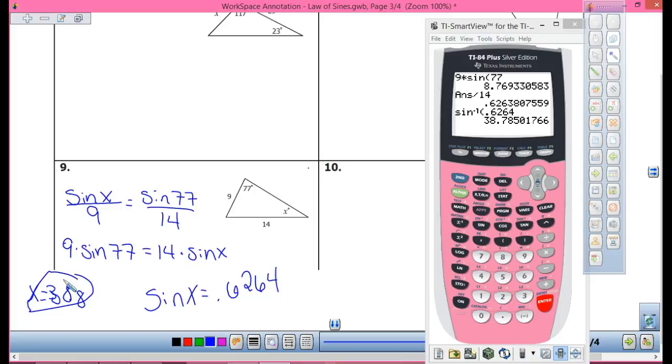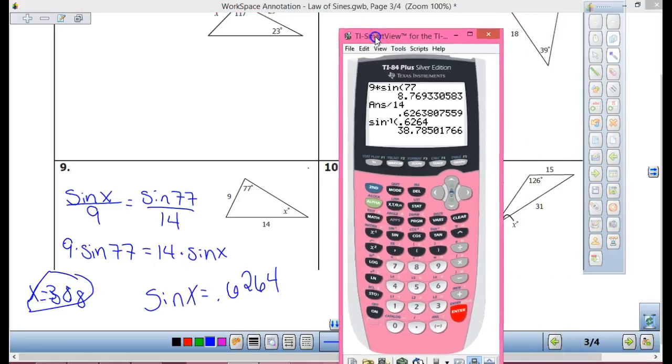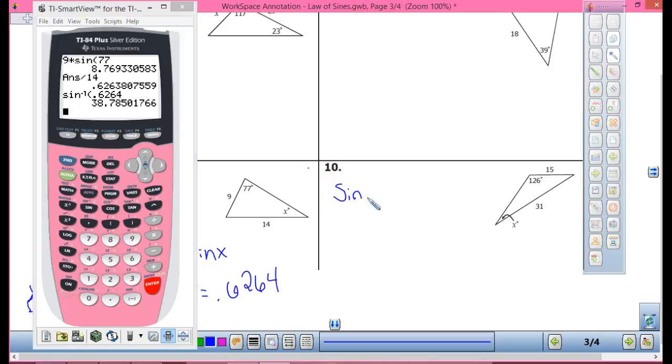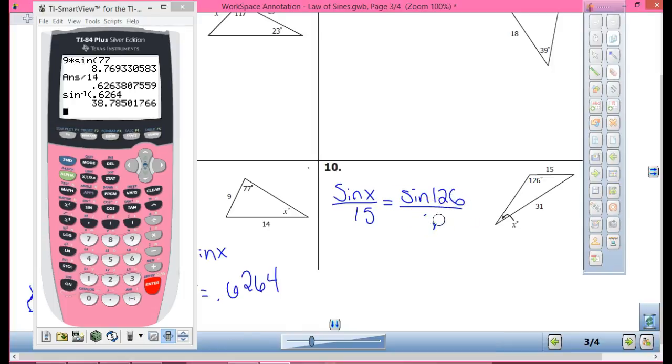Okay, so let's do another one. Well, the hardest part of finding angles, I think, is figuring out how we're going to enter it into our calculator. Okay, so number 10, I've got sine of x over 15 equals sine of 126 over 31.